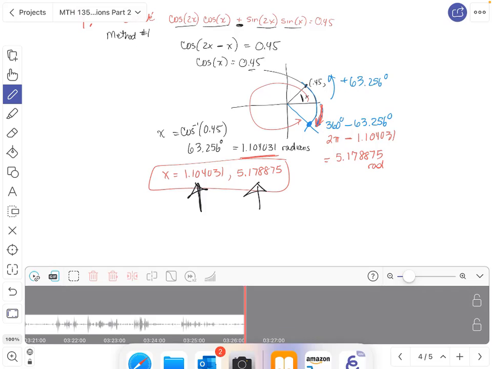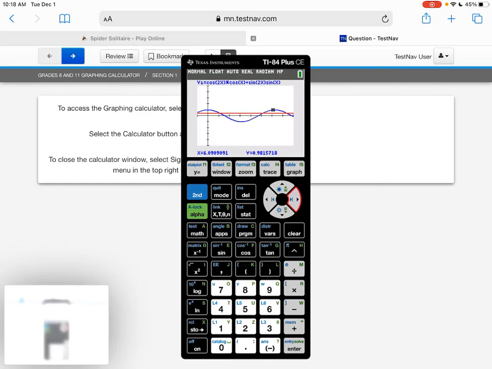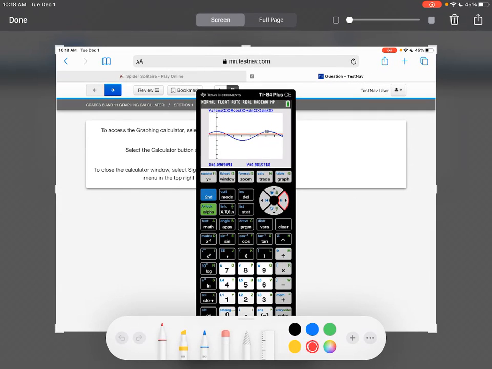Now let's see what happens to that last one, okay? Is this last one over here bigger than 2 pi? So if I do a trace, now I'm watching my x values here. Notice how x is right now at 6.0909. Now 2 pi, take your calculator, go 2 times pi, 3.14.